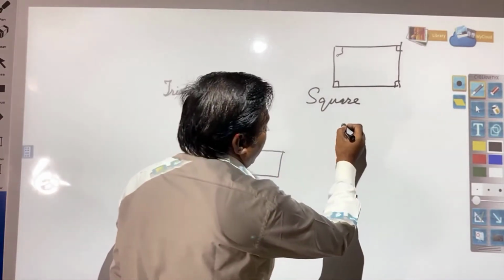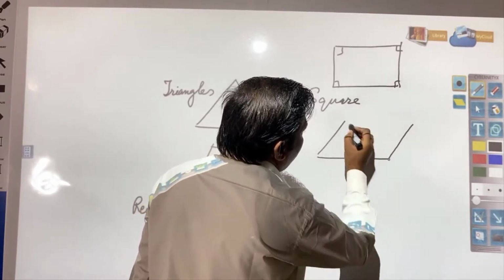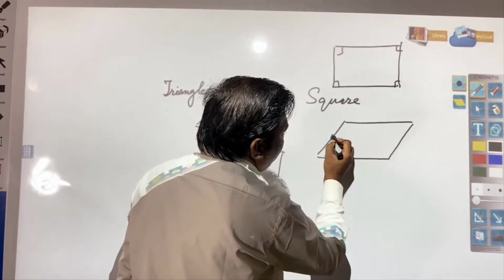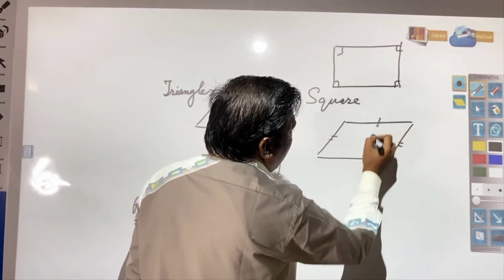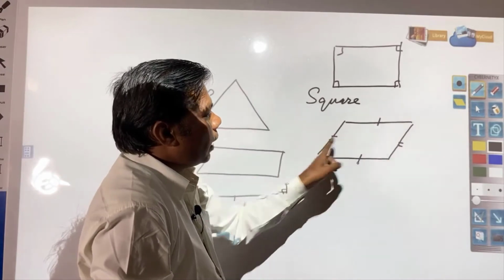Then comes the parallelogram. What is a parallelogram? It is also a quadrilateral having opposite sides equal and parallel.